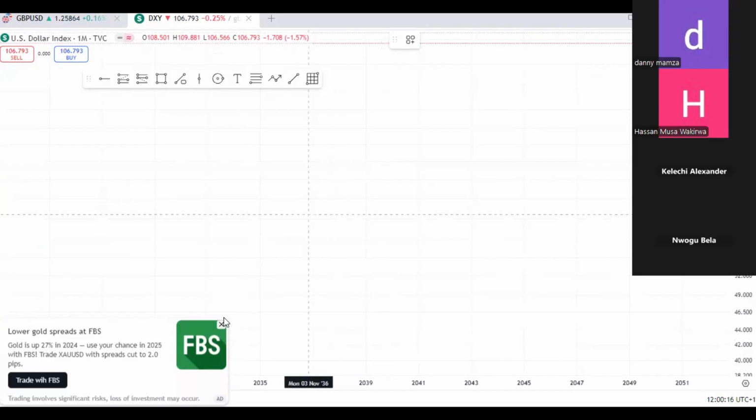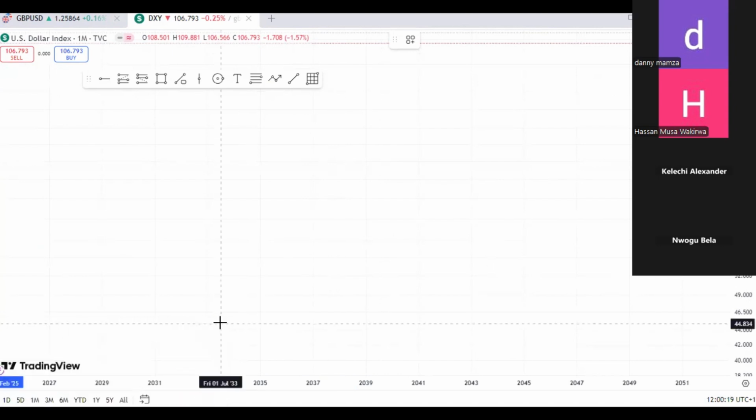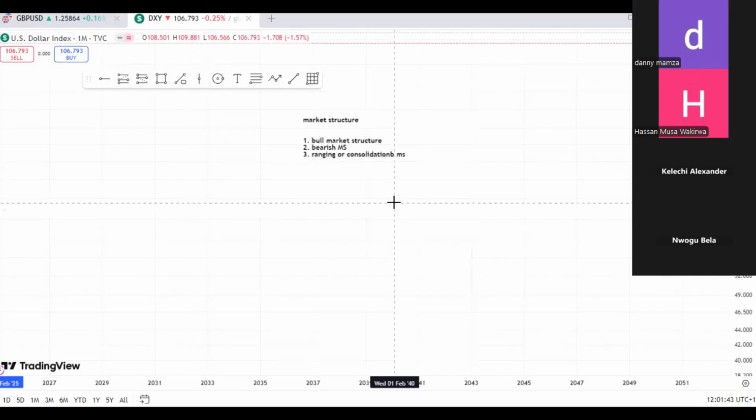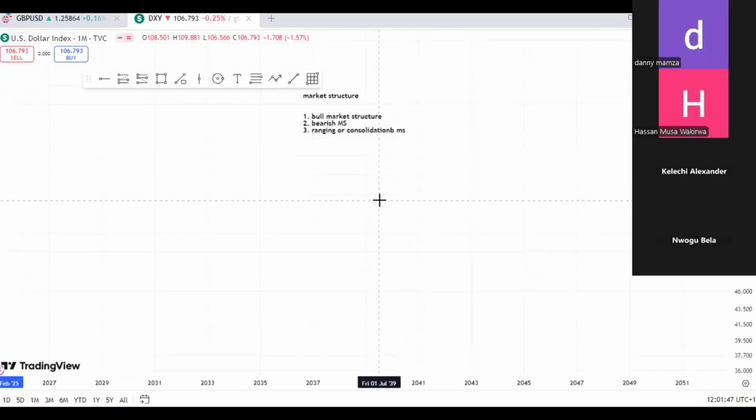Some people say the market is random, but in reality, the market is not actually random. The market moves in three ways. The market is either moving in an upward direction, a downward direction, or a sideways direction.